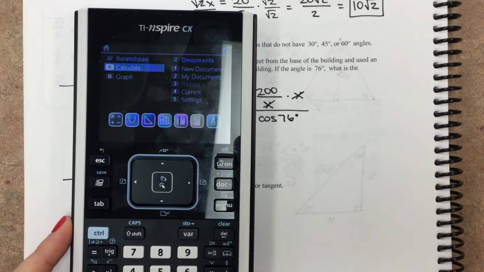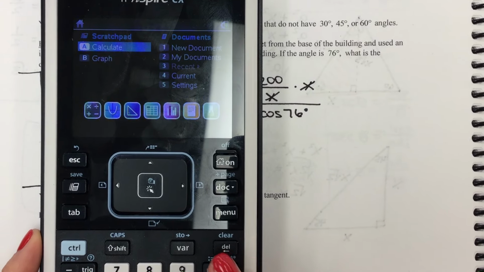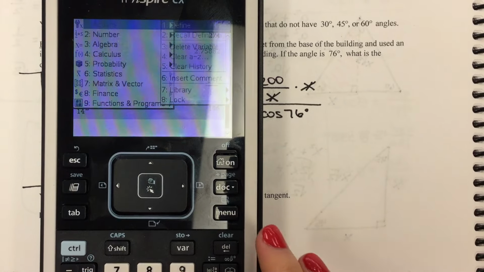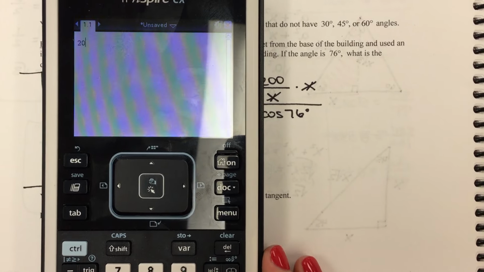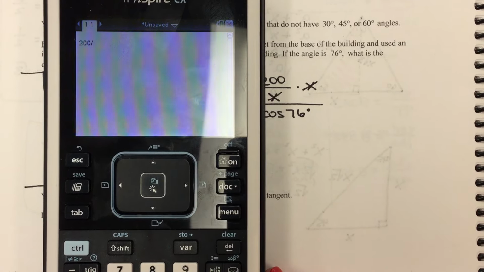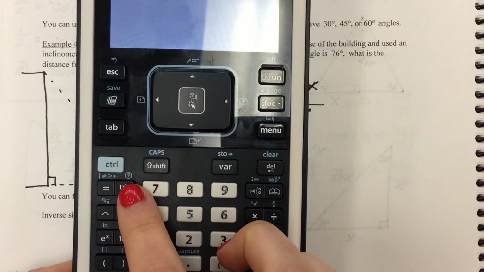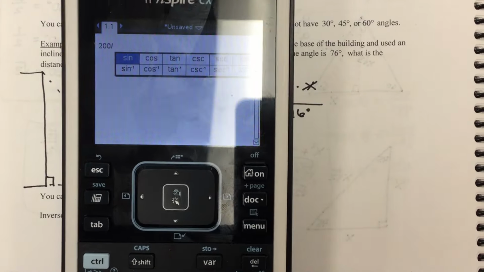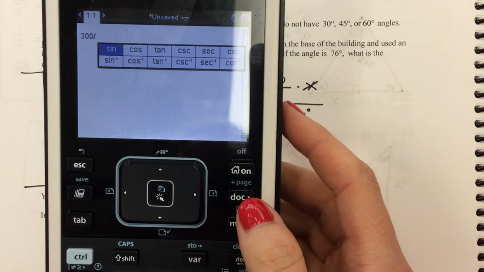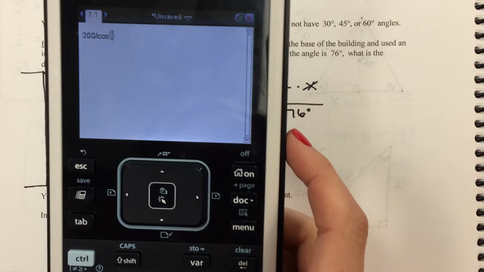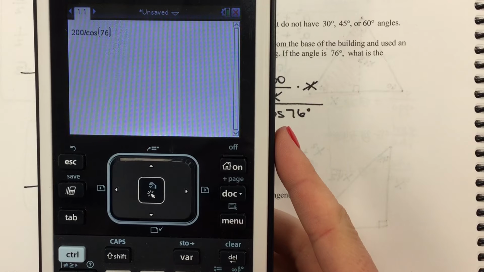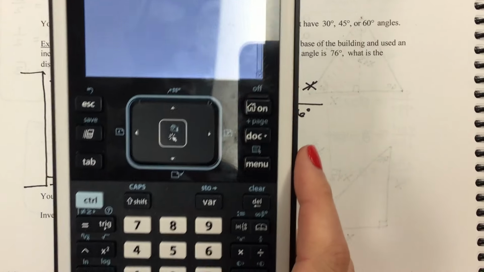So let me show you how this works on your calculator. Okay, so you're going to be on a calculator page. And so you're going to just do 200 divided by, and you've got this trig menu. See over next to the 7, you have this trig menu right here. Hit trig and it opens up all 6 of your possibilities here. We're going to select the cosine of 76, and then the little degree button is with the pi.